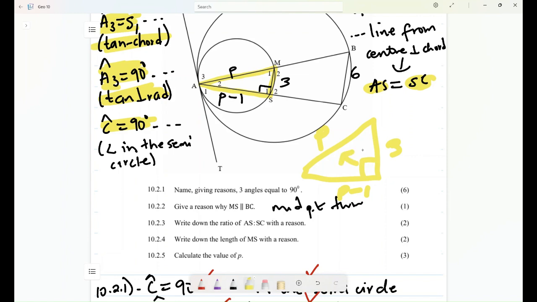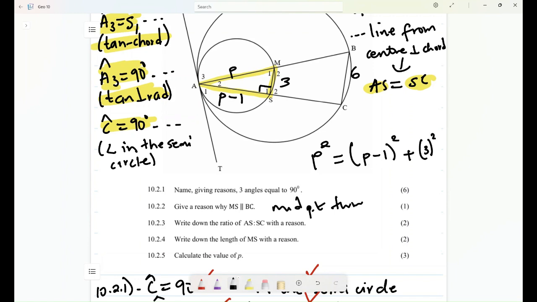The side opposite the 90 degrees is our hypotenuse, the biggest one. So according to Pythagoras' theorem, P squared is equal to P minus 1 squared plus 3 squared.